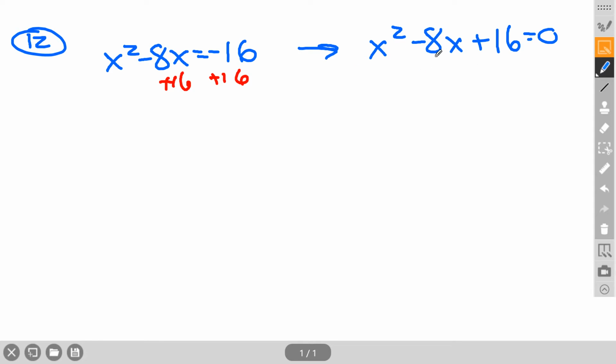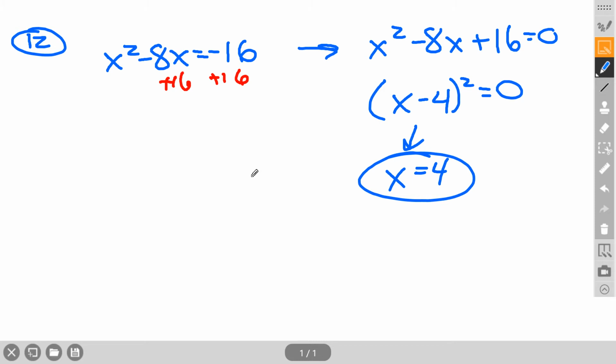If you take half of negative 8, you get negative 4, and negative 4 times negative 4 is 16. So you should know that this factors into x minus 4 squared. Which means this only has one solution that goes along with the one factor, which is 4. So 4 is our solution.